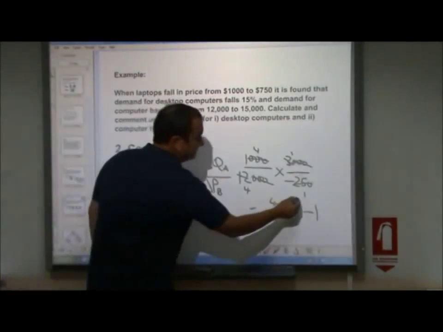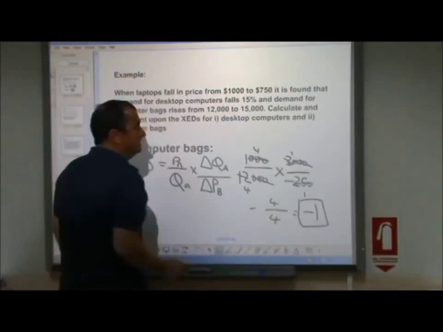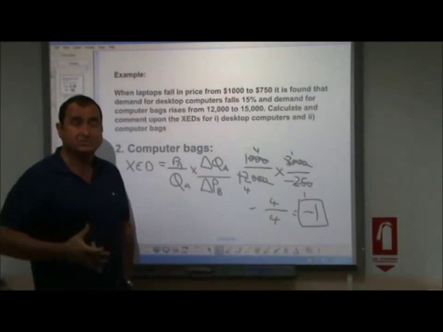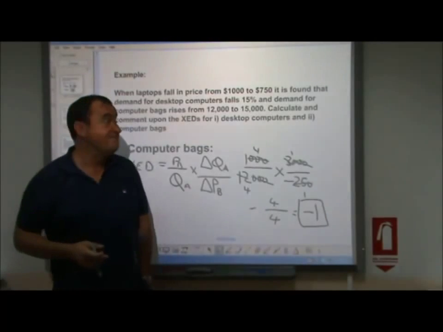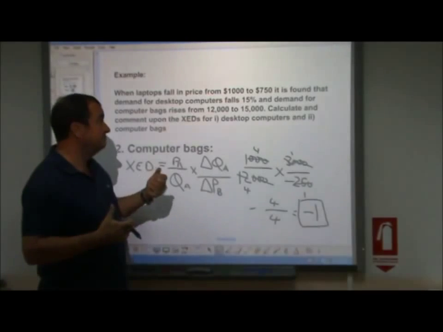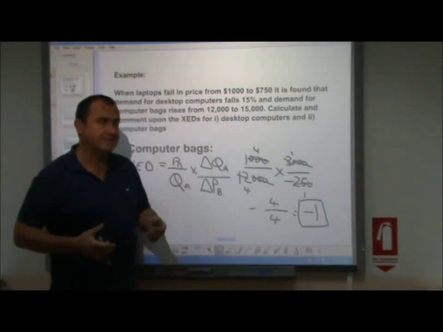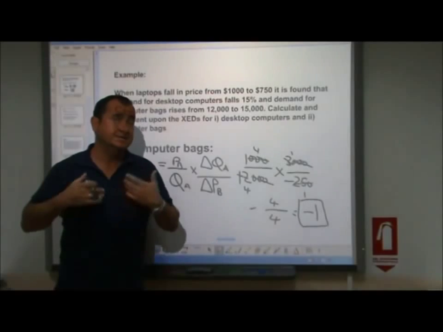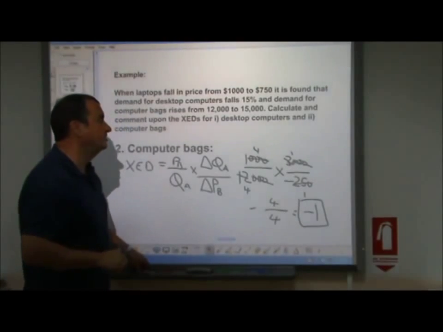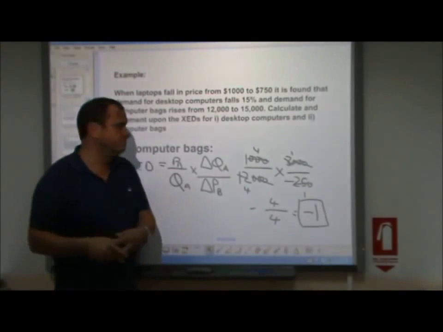And the sign, minus, tells me that these goods are complements, and very strong complements. Every 1% drop in the price of laptops led to a 1% rise in the demand for computer bags. So they're very strong complement goods.